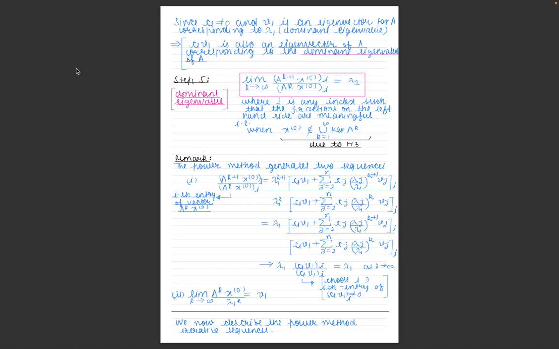Number one is this sequence A^(k+1) x naught by A^k x naught, with some index I. You just take any index.